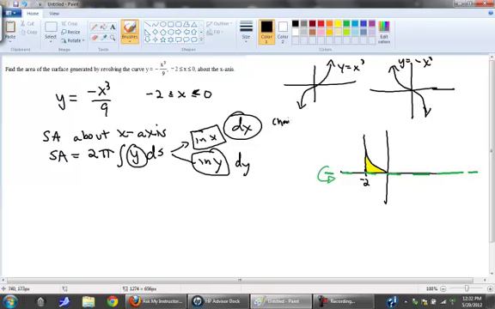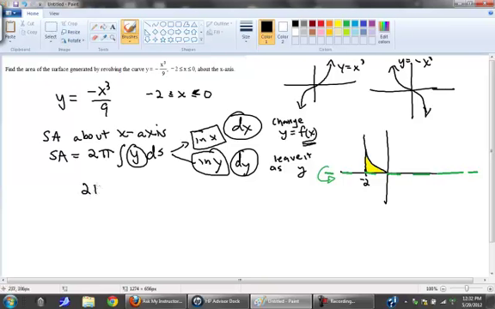You're going to have to change the y with f of x. If it's a dy integral, then you leave it as a y. So let's say we're going to try this f of x approach.